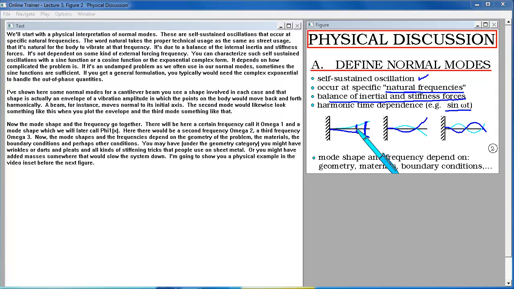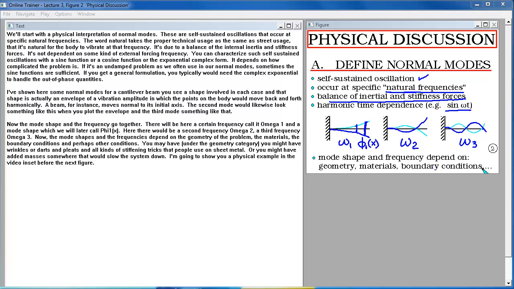There will be here a certain frequency, call it omega 1, and a mode shape which we later will call phi 1 of x. Here there would be a second frequency, omega 2, a third frequency, omega 3. Now the mode shapes and the frequencies depend on the geometry of the problem, the materials, the boundary conditions, and perhaps other conditions.